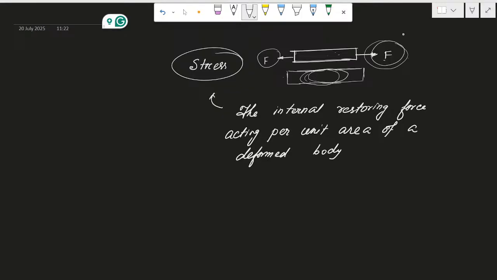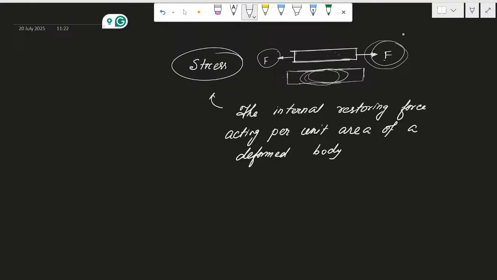Do you understand? Do you understand this concept?